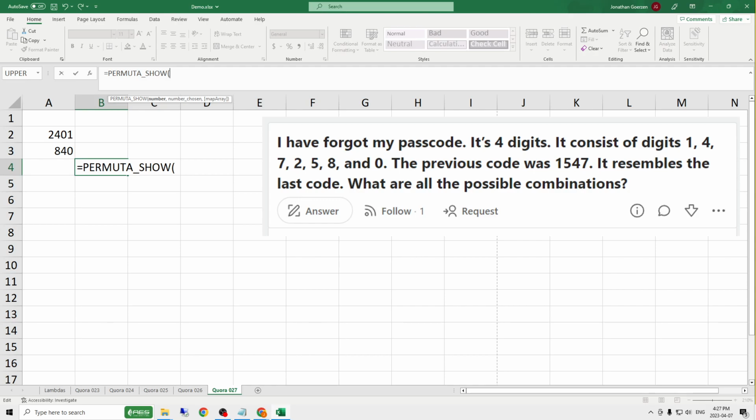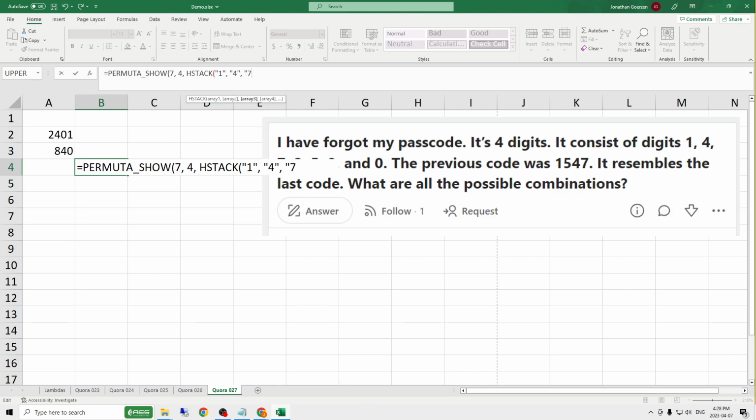Permute show, there are 7 things to choose from. I'm selecting 4, and I'm going to use a horizontal stack to input what those digits could be. I could have a 1, I could have a 4, I could have a 7.